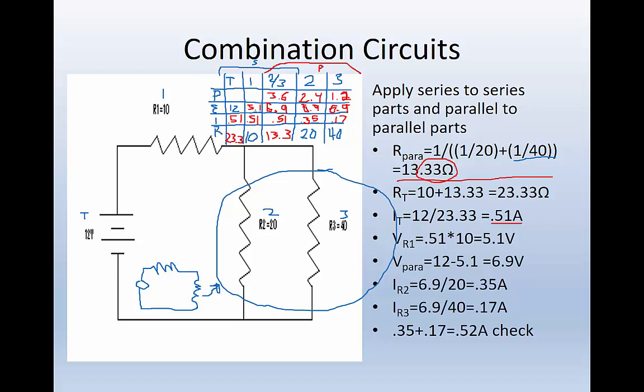Okay, so again, when I'm doing the parallel portion, I'm only staying within these columns. When I'm doing series, I'll only be there. So let's do those real quick. 5.1 times 0.51, 2.6. If I add 2.6 plus 3.6, I get 6.2.